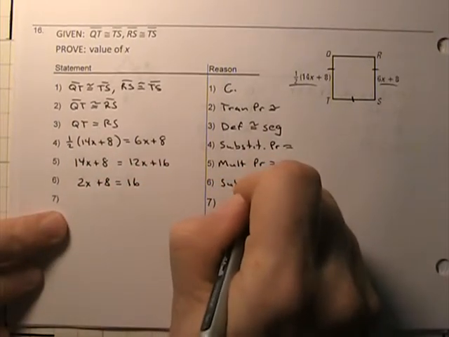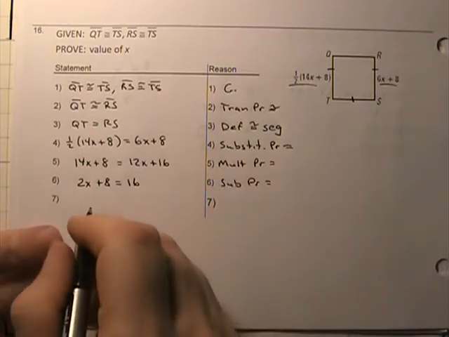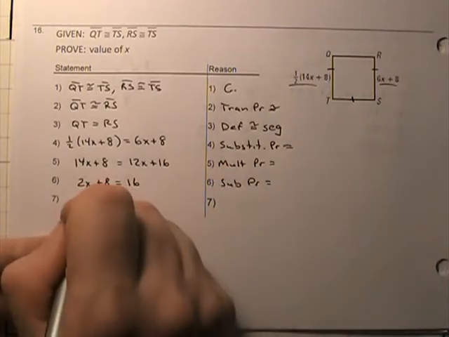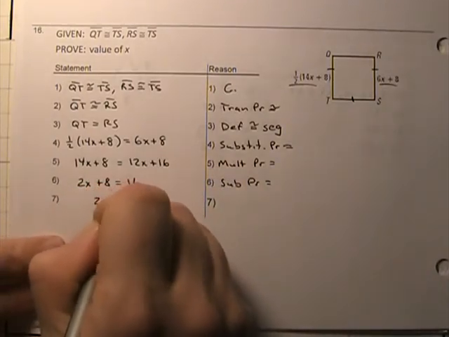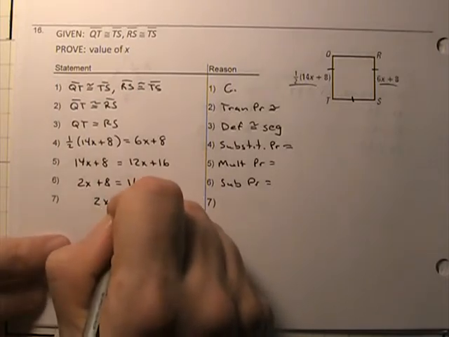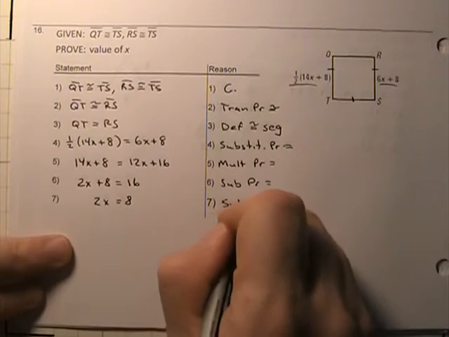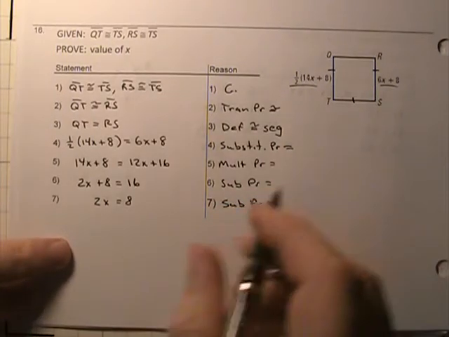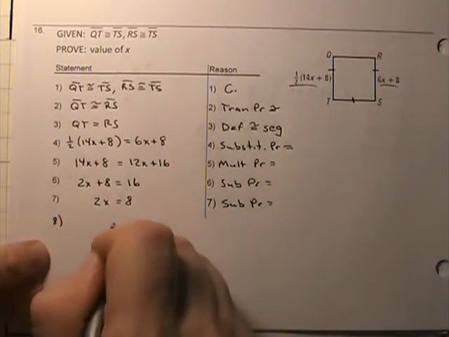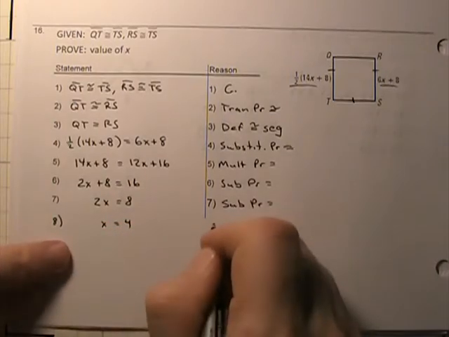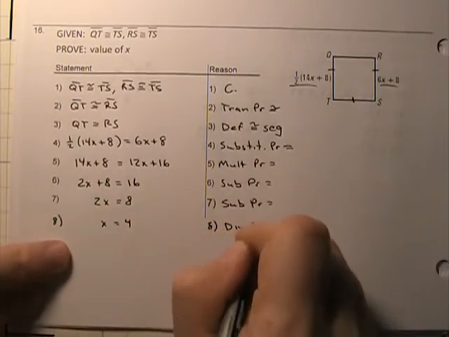That's a subtraction property. Go ahead and subtract 8. Subtraction property. And we'll need a step here to divide by 2 for the division property.